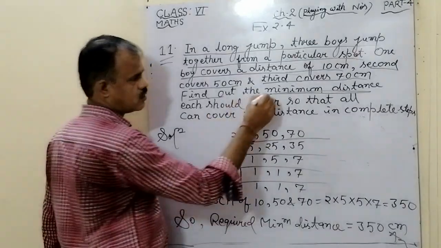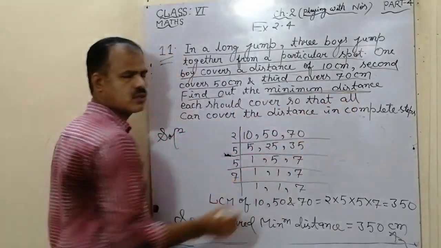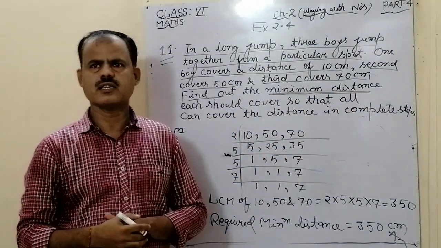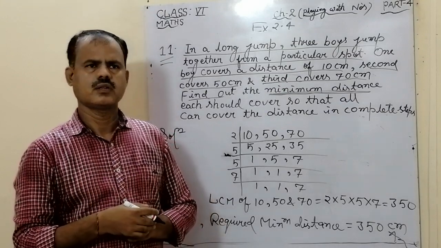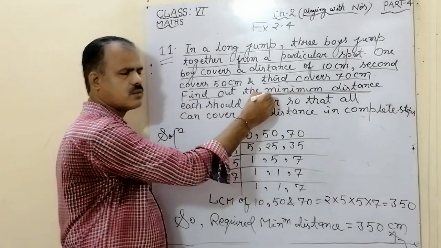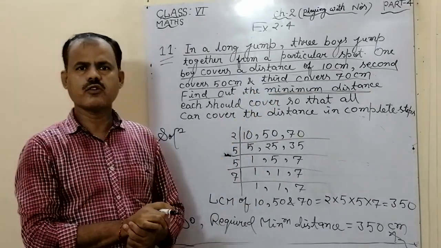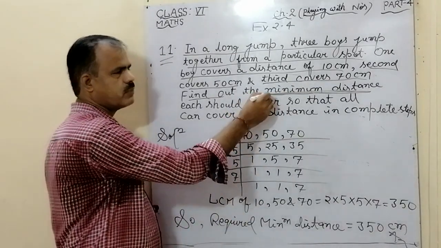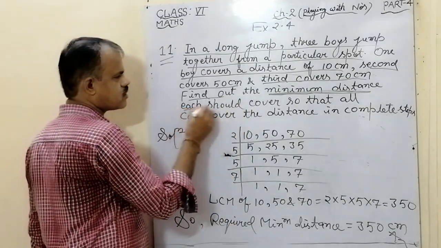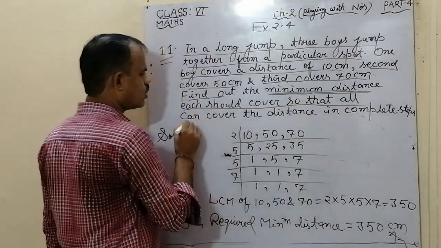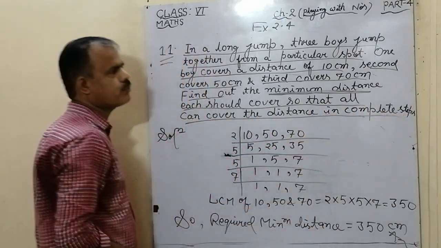See here student, here it is written minimum distance. Minimum means LCM, least means LCM, and if maximum is there, we have to find out HCF. Here minimum is written, so we have to find out LCM.